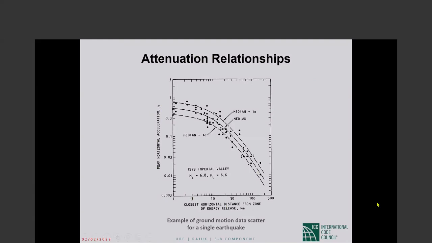And on the x-axis is closest horizontal distance from the zone of energy release. Nothing in this business is straightforward, so even for that distance, there are many definitions. But anyway, it is distance from source, let us say. Okay, for our purposes, that's good enough. So as you move further and further away from the source, the peak horizontal acceleration decreases. Okay?